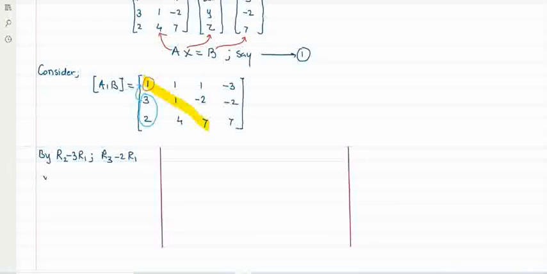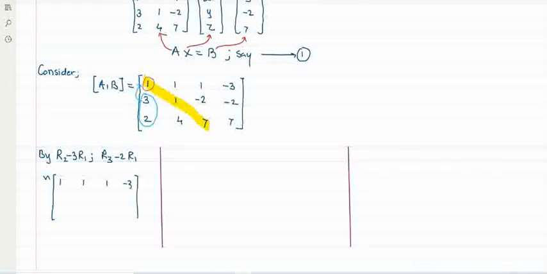So the new equivalent matrix. These 2 transformations show change for the second and third rows only. First row no change: 1, 1, 1 and minus 3.